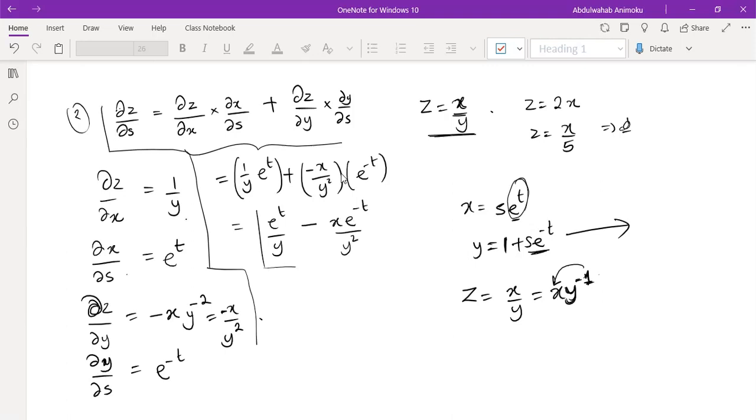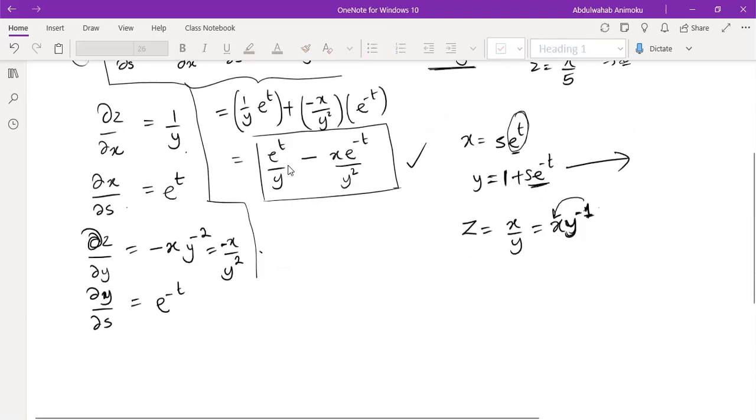So this is what I mean, that you can leave your answer in terms of x and y. Now at this juncture, if you like, you can try to simplify further as much as you want, but this is quite fine. But if you would like to do that, you can just substitute what y is, what x is. If you want to move further, you take the LCM first.